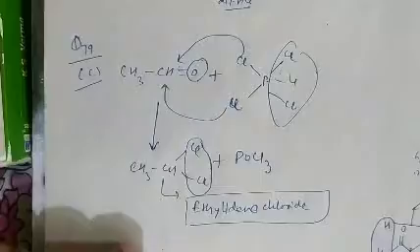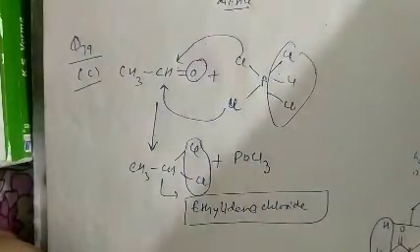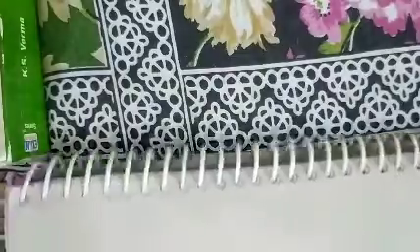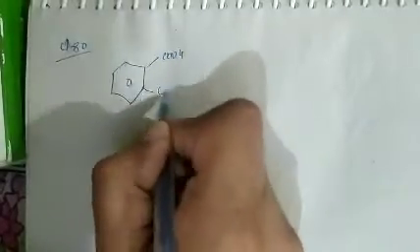See question number 80. In question number 80, phthalic acid has 2 adjacent positions containing COOH.